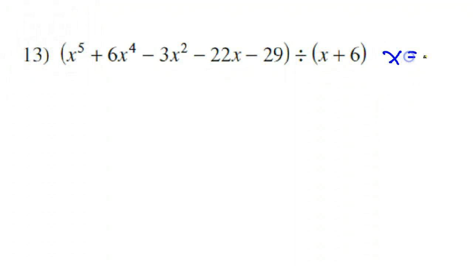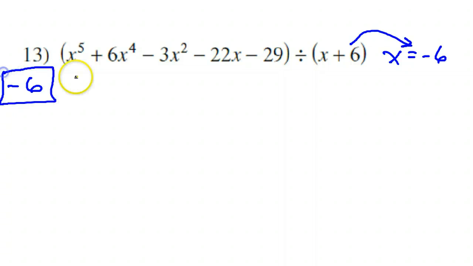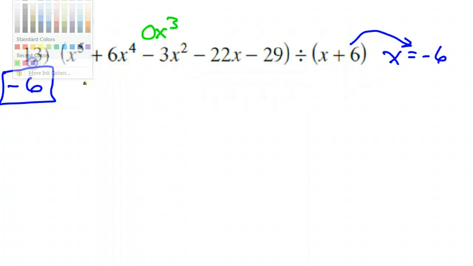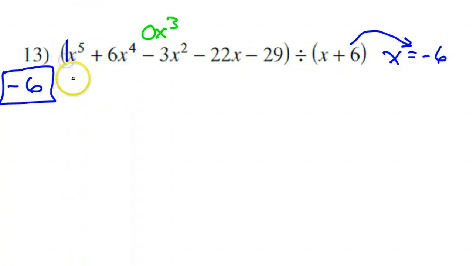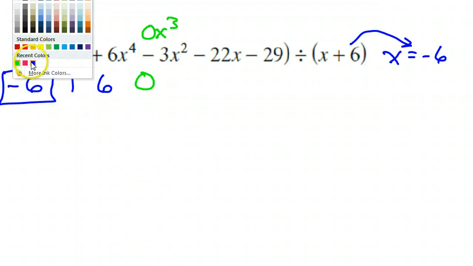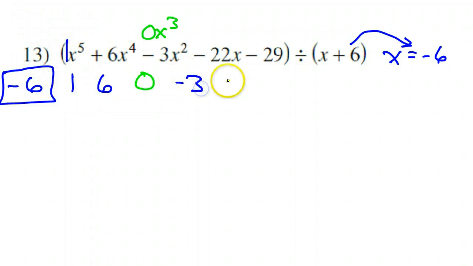Okay, so once again we will use x equals negative 6 as our potential 0. 5, 4, 3. Aha! Always watch out for the missing 0 term, which we do have on this problem. So I will have our 1, 6, and then 0, negative 3, negative 22, negative 29.